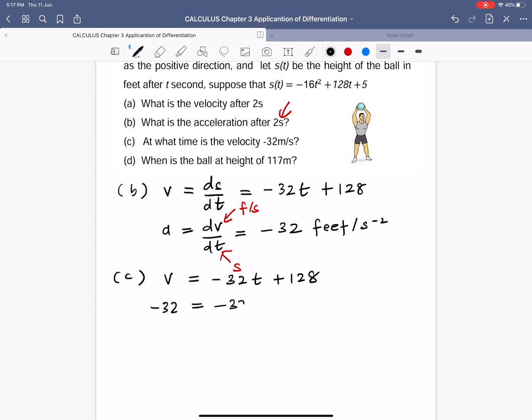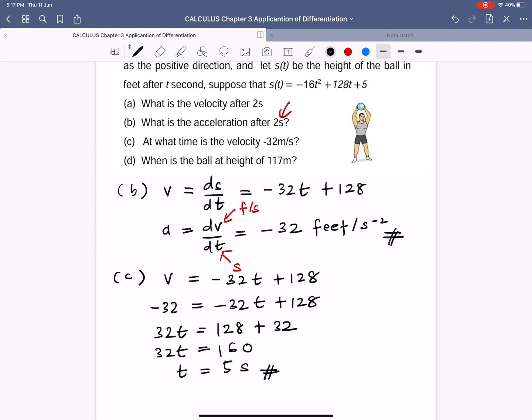Negative 32t plus 128 equals negative 32. Therefore, 32t equals 128 plus 32, which is 160. Therefore, t is 5 seconds.